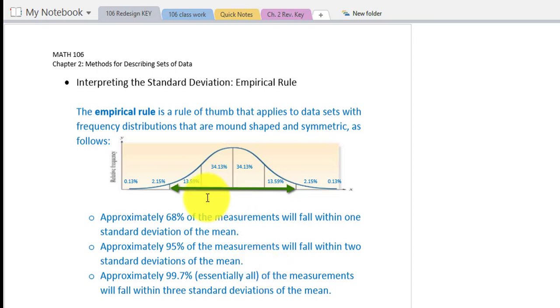So looking at our distribution curve, it's about 13 plus 34 plus 34 plus 13 and those decimals associated. So that would be about 95% of our data. And finally, within 3 standard deviations on each side of the mean, we have about 99.7%, that's almost all of the measurements, falling within 3 standard deviations of the mean.